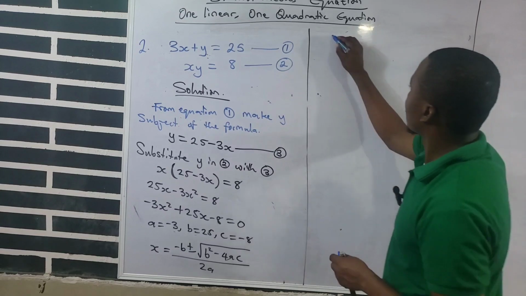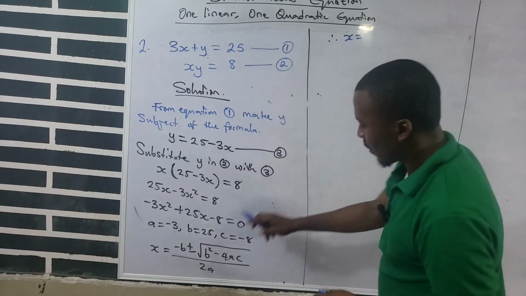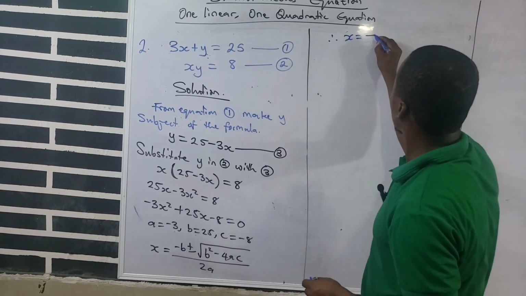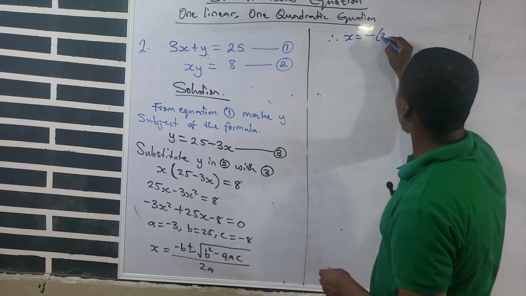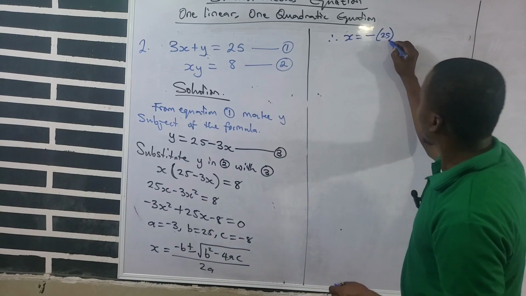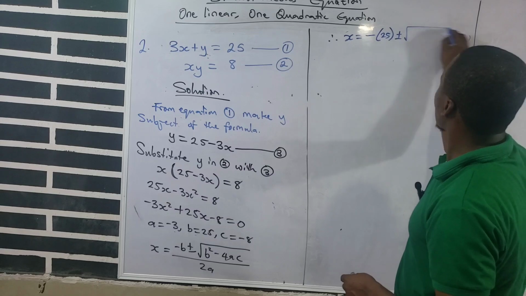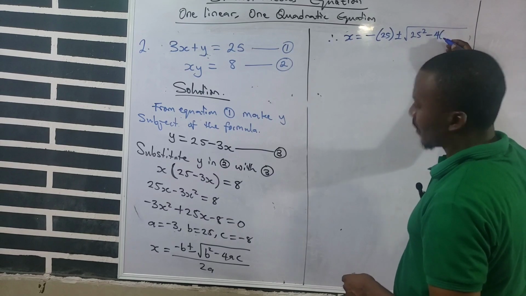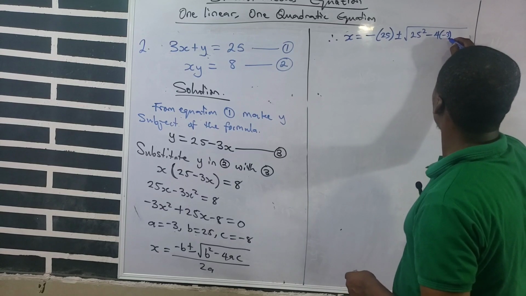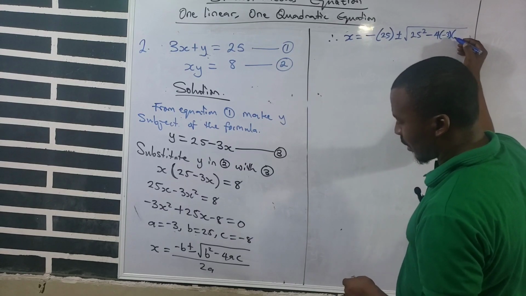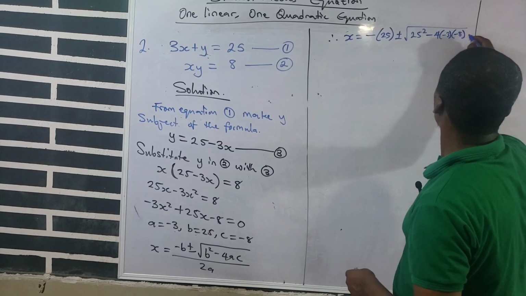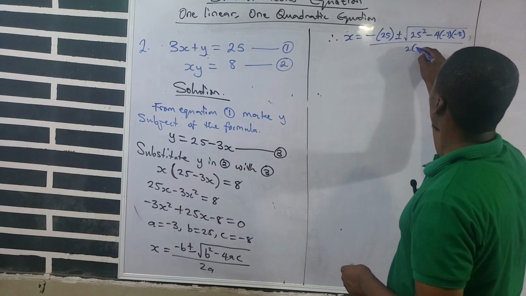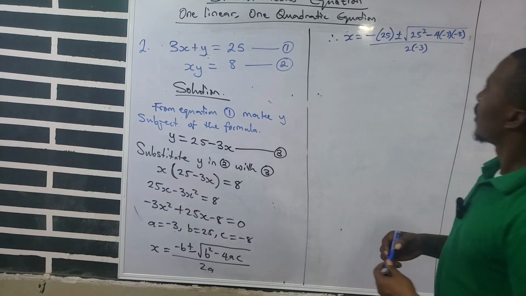That will give us minus b, which is 25, plus or minus the square root of 25 squared minus 4 times a, which is minus 3, times c, which is minus 8, all over 2 times minus 3.